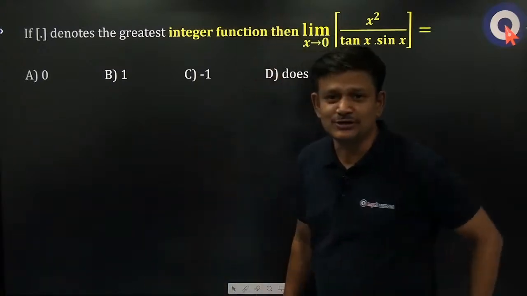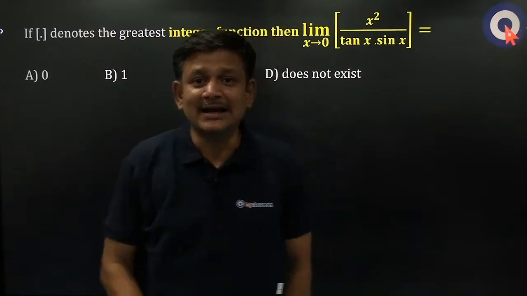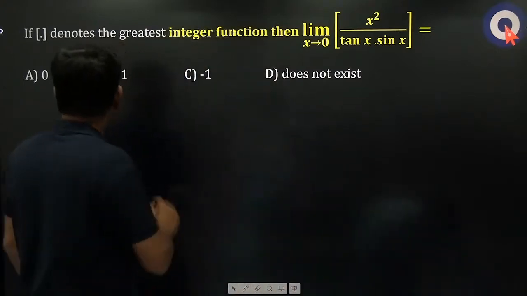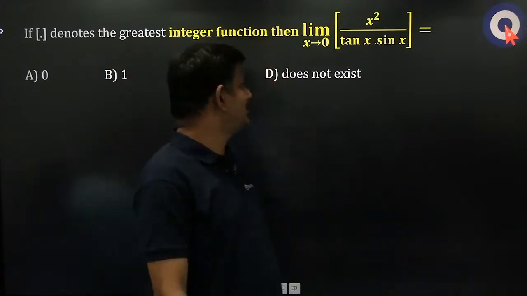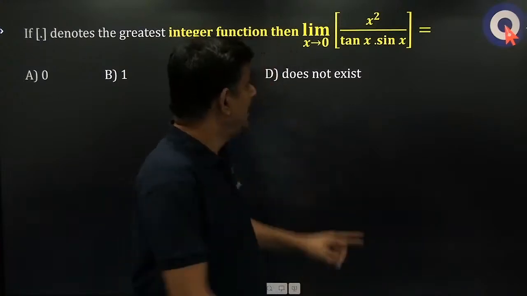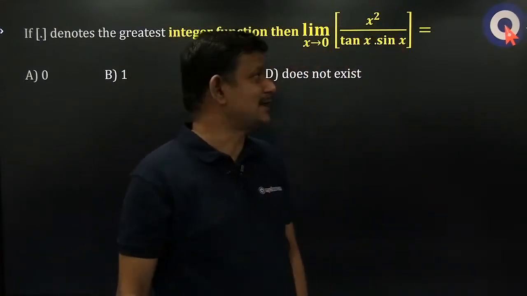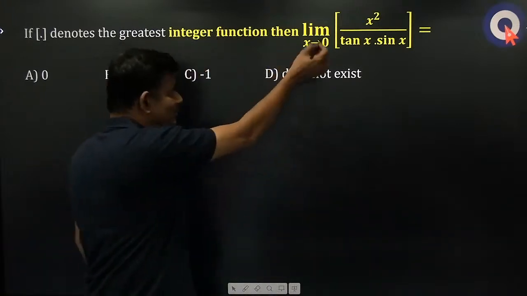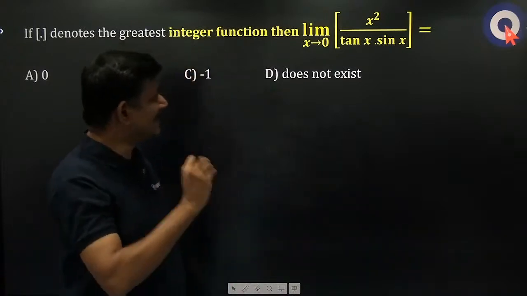First and foremost question, the square bracket indicates the greatest integer function. You are asked to evaluate the limit as x tends to 0 of the integral part of x square by tan x into sin x.